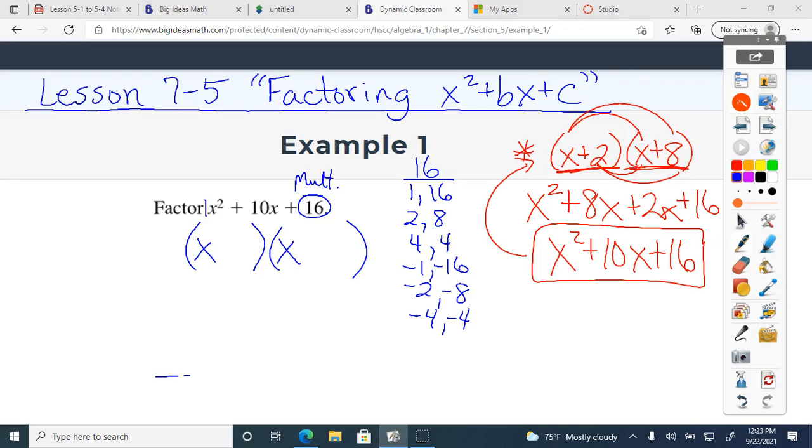Okay? So that's what you start with. You start with what multiplies to be whatever that number is. Then you look at the middle number, and you're looking for two numbers that add up to that number, out of these choices. So is 1 plus 16 10? No. Is 2 plus 8 10? Yes. Those are my two factors.